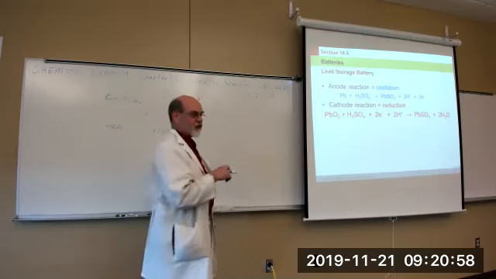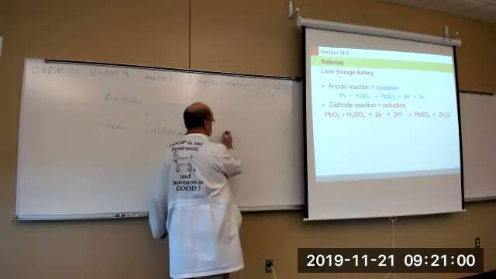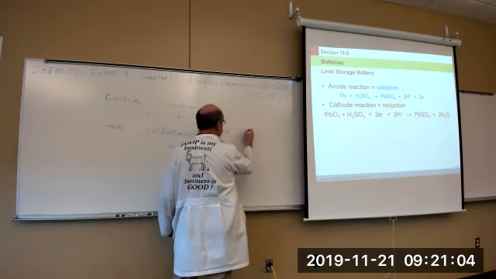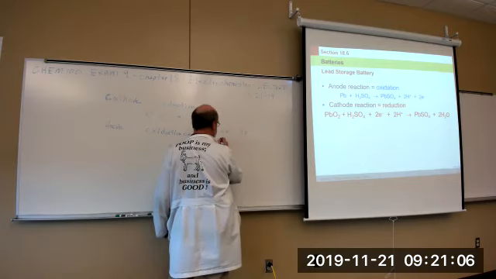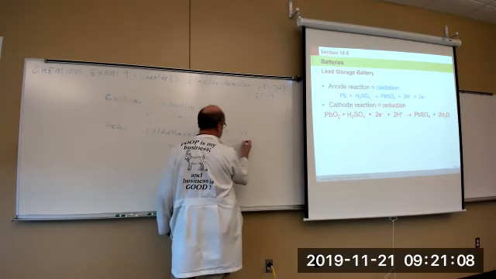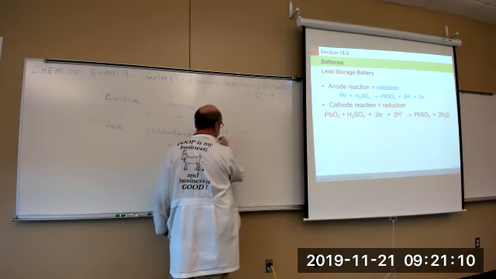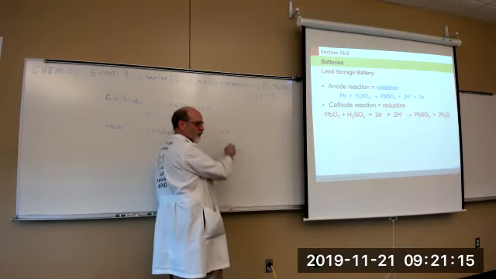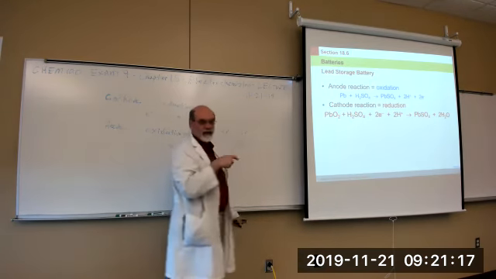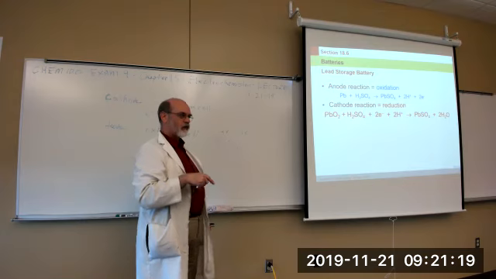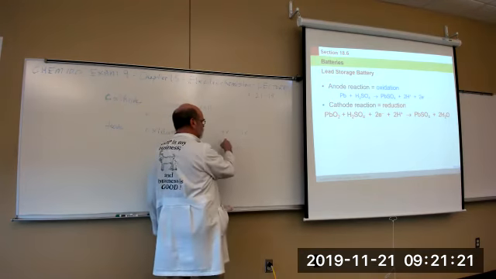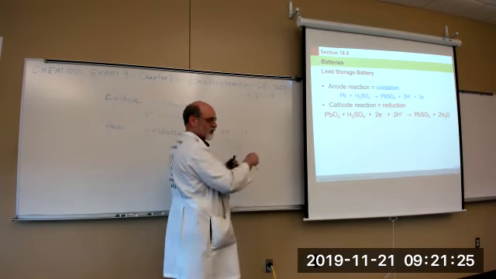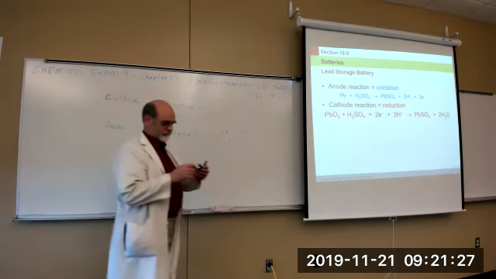If you have 2 volts in this one and 2 volts in that one, and you connect them in series, you get 4 volts. Because this one's pushing with 2 volts and this one's pushing with 2 volts. They add up to 4 volts. So for a 12-volt battery, you just need 6 electrochemical cells in series, and you get 12 volts.